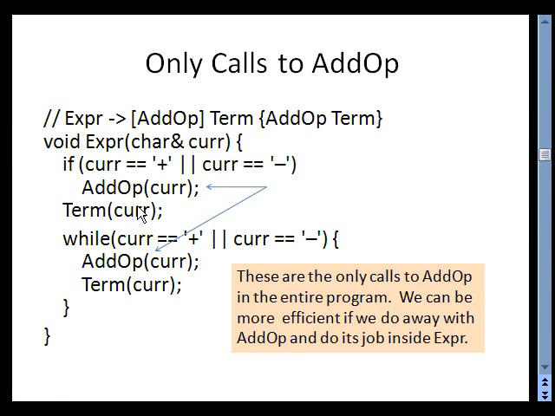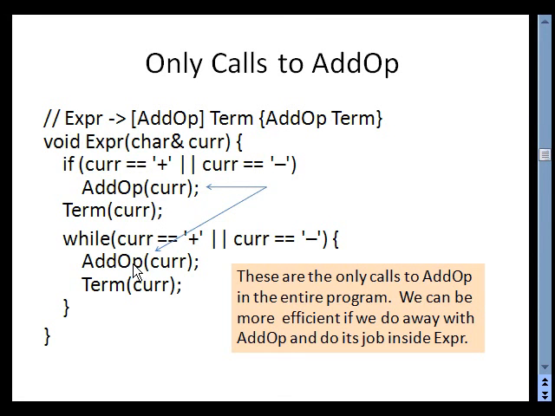Now, these two calls to AddOp are the only place in our entire program where AddOp gets called. And all AddOp does is match plus or minus. So if you call AddOp, you've already checked to be sure that you have a plus or a minus before you even called AddOp. Then AddOp is going to call match and just update current.